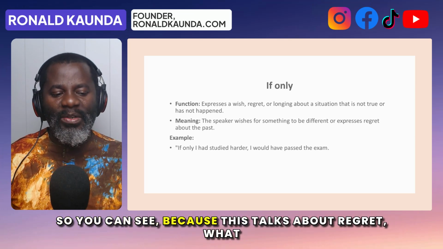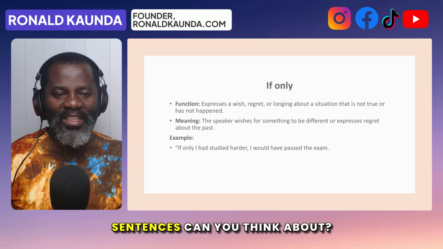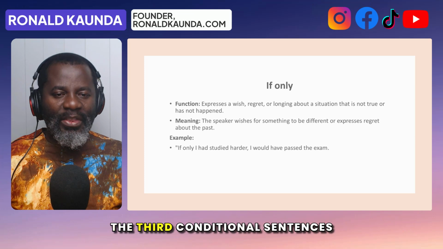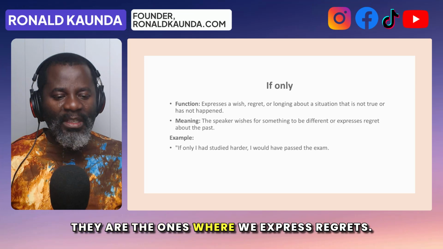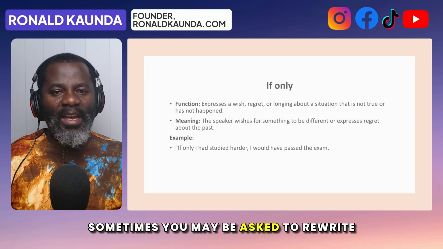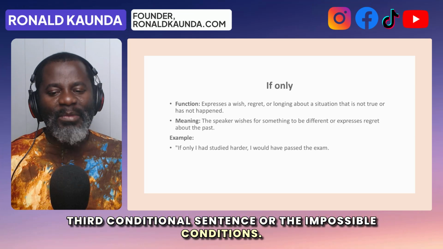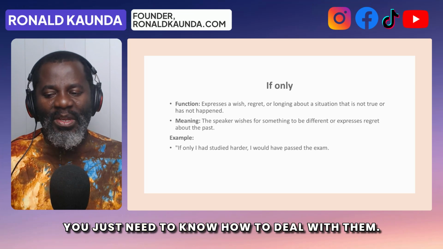Because this talks about regret, what other types of conditional sentences can you think about? The third conditional sentences, or the impossible conditions, are the ones where we express regrets. Sometimes you may be asked to rewrite these sentences from if only to the third conditional sentence. You just need to know how to deal with them.